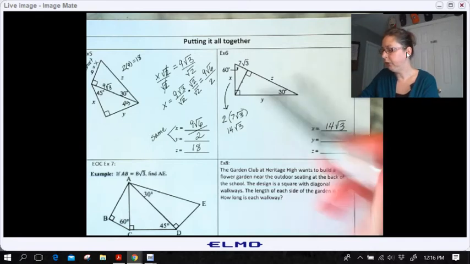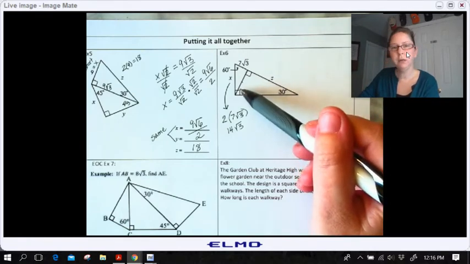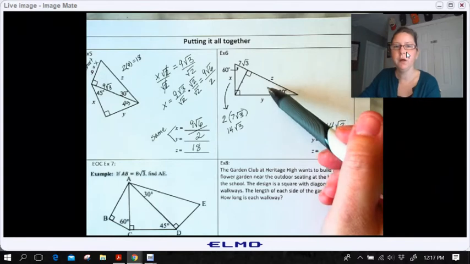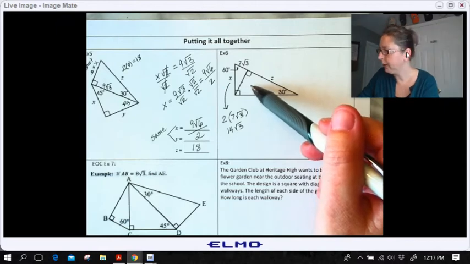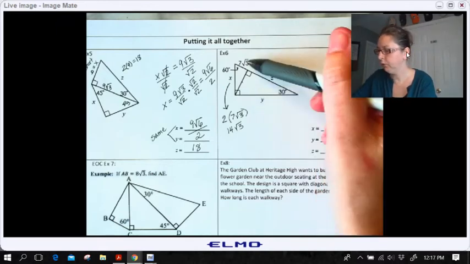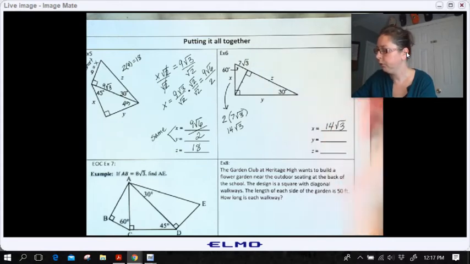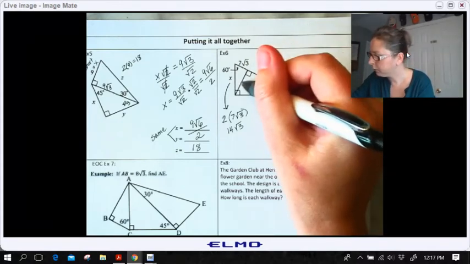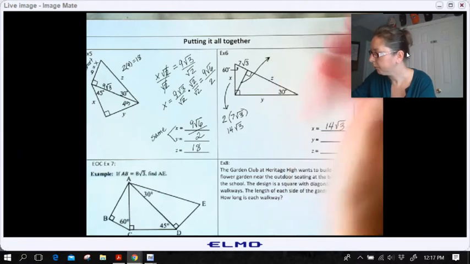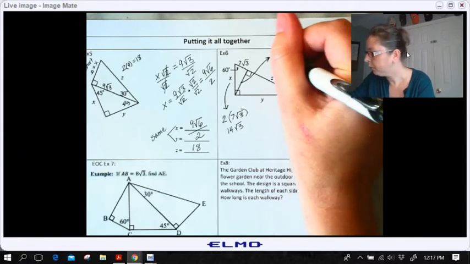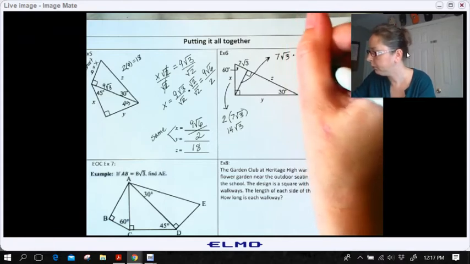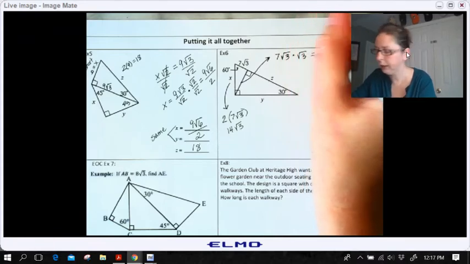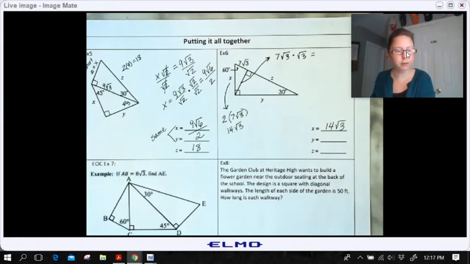I need to figure out what is the longer side, only because it's going to help me with the other triangle here. So let's figure out the longer side. The longer side is x, which is this right here, square roots of 3. So 7 square roots of 3 times the square root of 3 is what's happening here.